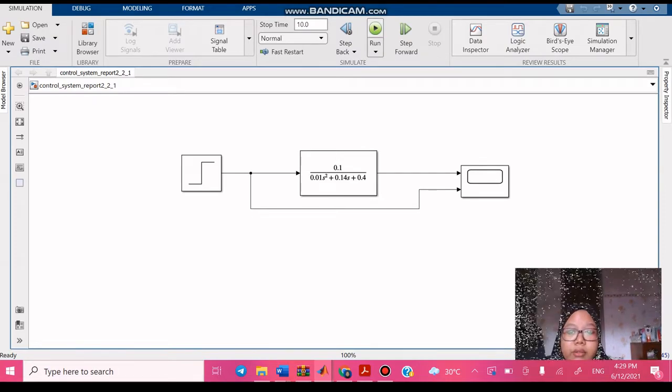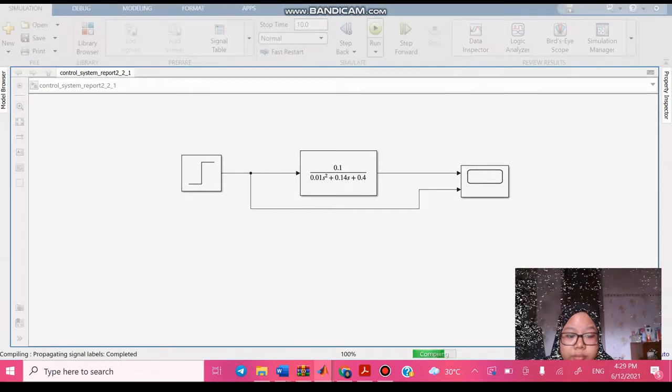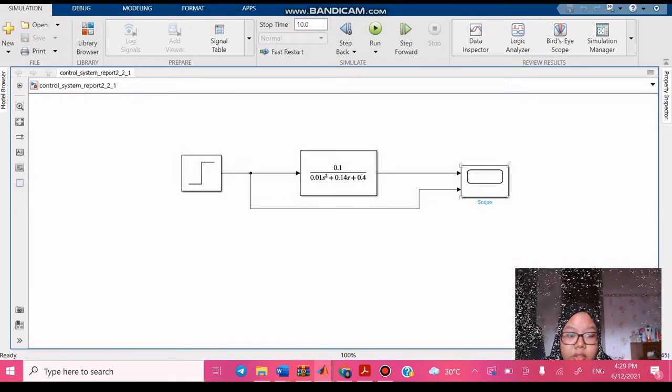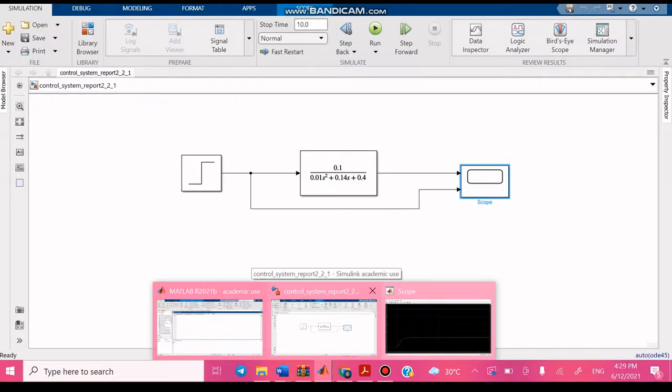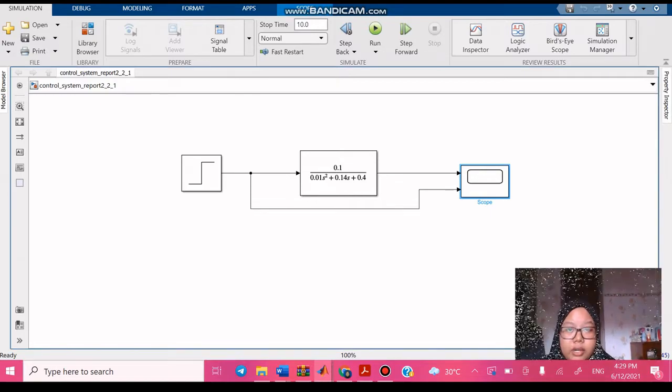So when we run the simulation, we will get this graph that is based on our transfer function. So I will pass to my group member to explain more about our report.